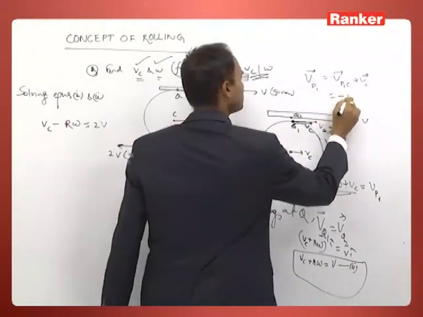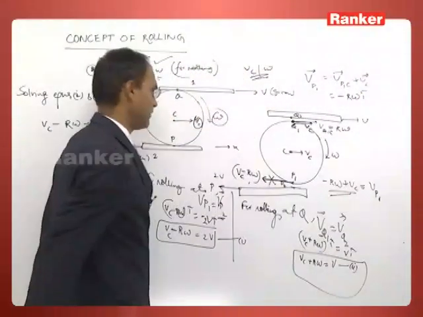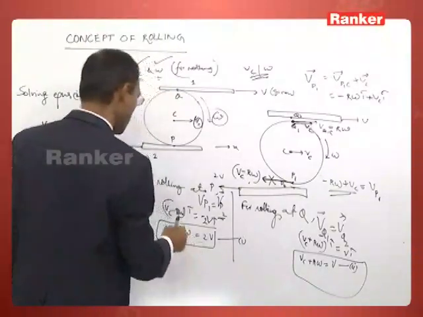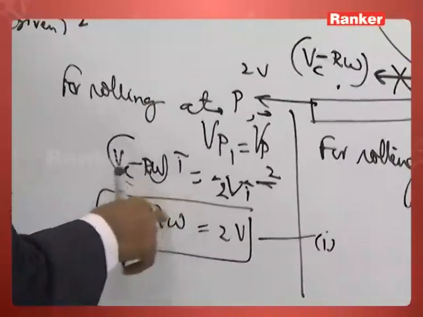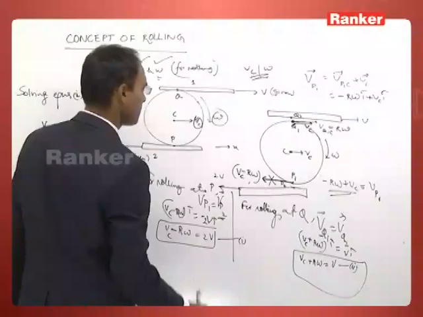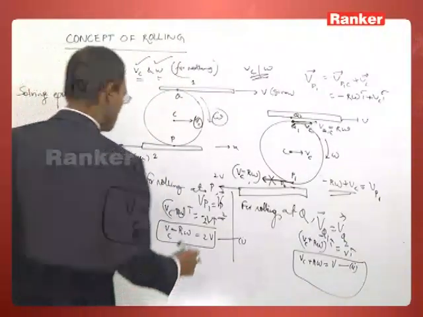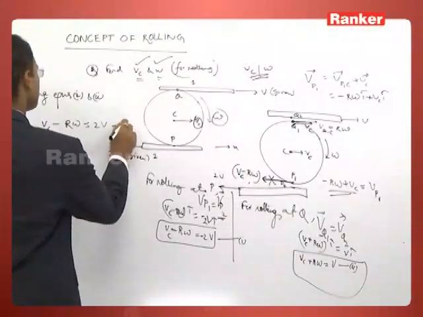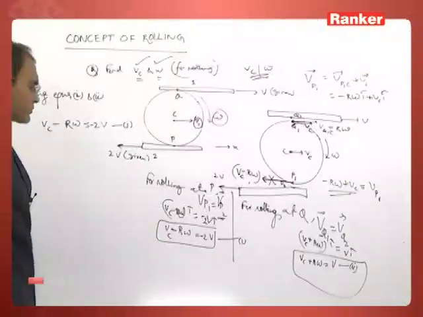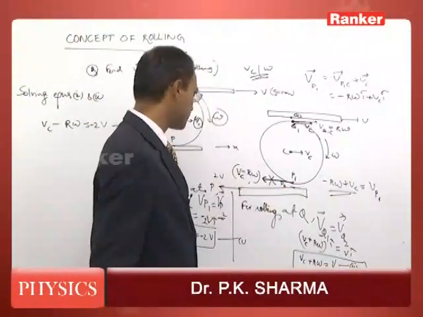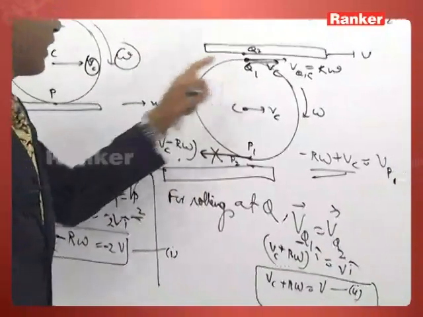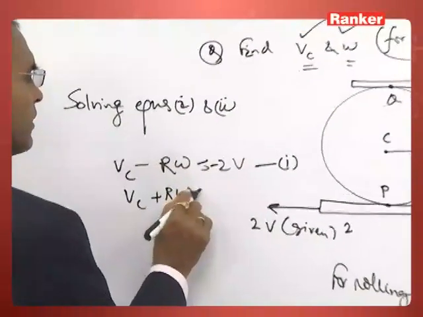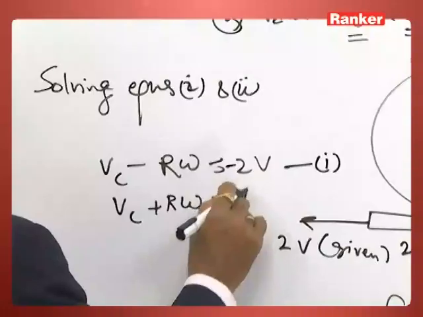Vp1c is in which direction? Minus r omega i cap, and Vc is equal to Vc i cap. So Vc minus r omega will be equal to minus 2v. Equation number 1. And at this point, we got the equation Vc plus r omega will be equal to v.